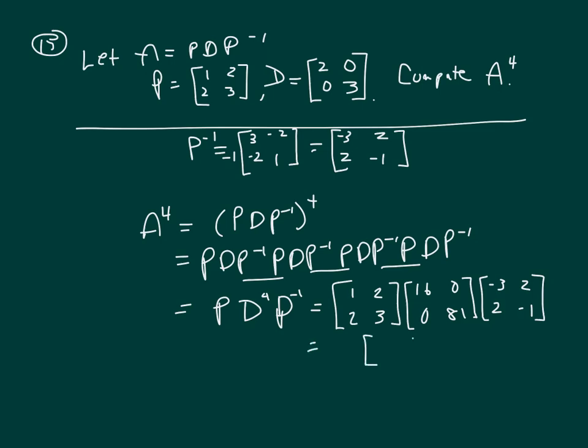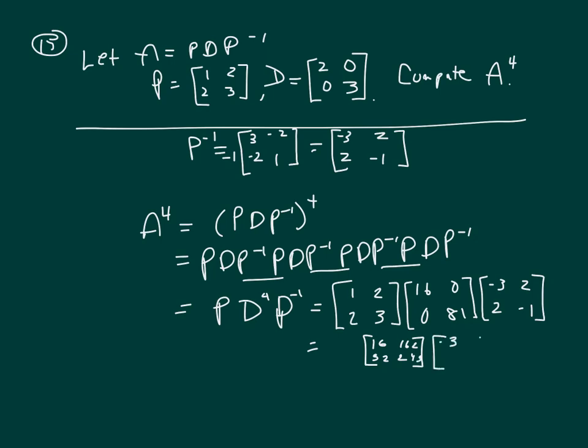Alright, if I take the first two and multiply those two together, I get 16 here, and then 2 times 81 is 162, and 2 times 16 is 32, and then 3 times 81 is 243.